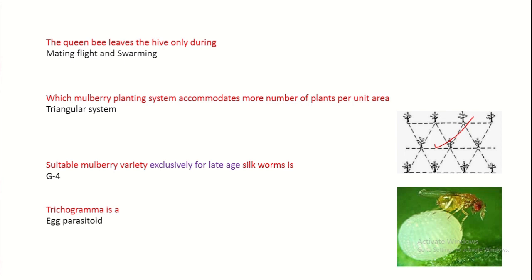Trichogramma is an egg parasitoid. Acarine disease in honeybee is caused by tracheal mite, that is Acarapis woodi. Bald brood in honeybee is caused by lesser wax moth, that is Achroia grisella. An example for scavenger is chafer beetle.